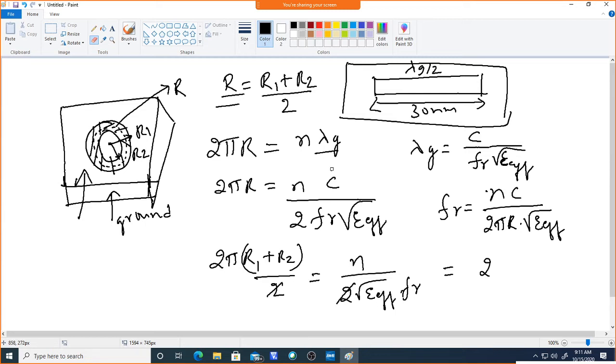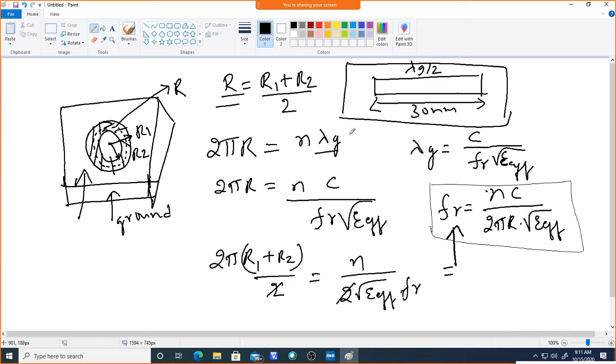If you take it as a multiple of lambda g, then you will get this equation, which is 2 pi r into root effective epsilon. Now this is the equation you need to use for the calculation of resonance frequency.